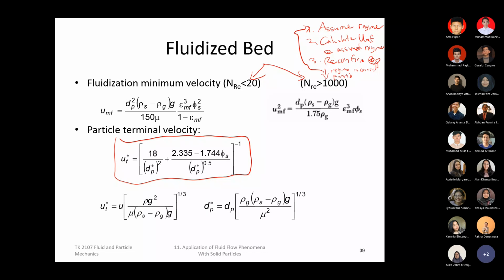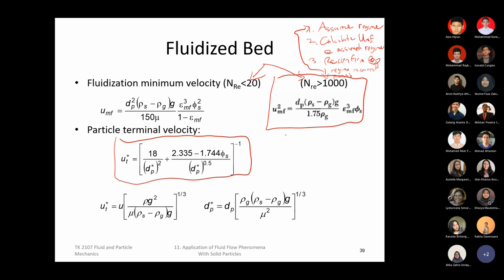Okay, but I will give you a note. When we're talking about a fluidized bed, of course, we're usually working with a high velocity. Because when we're working with a laminar regime, the logic is that the particle has not been lifted, because it's laminar, so the velocity is small. So if you're not sure, it's always a good start to assume that you're working in a turbulent regime.